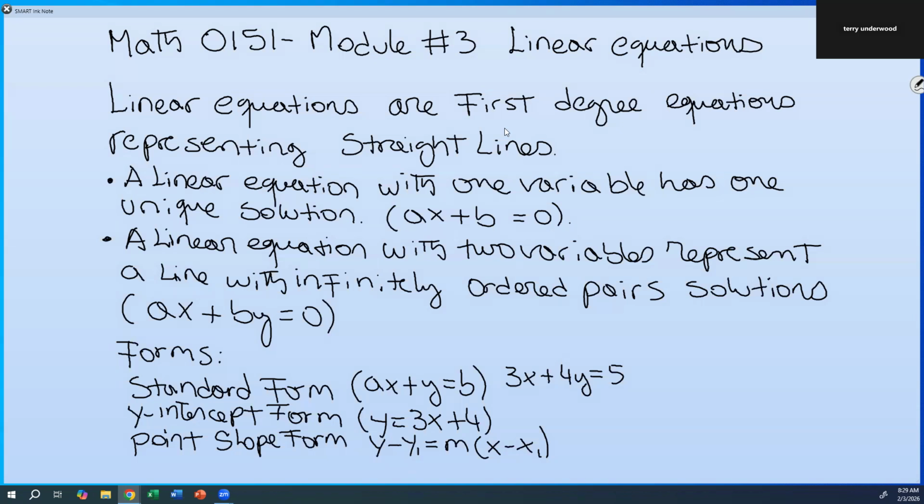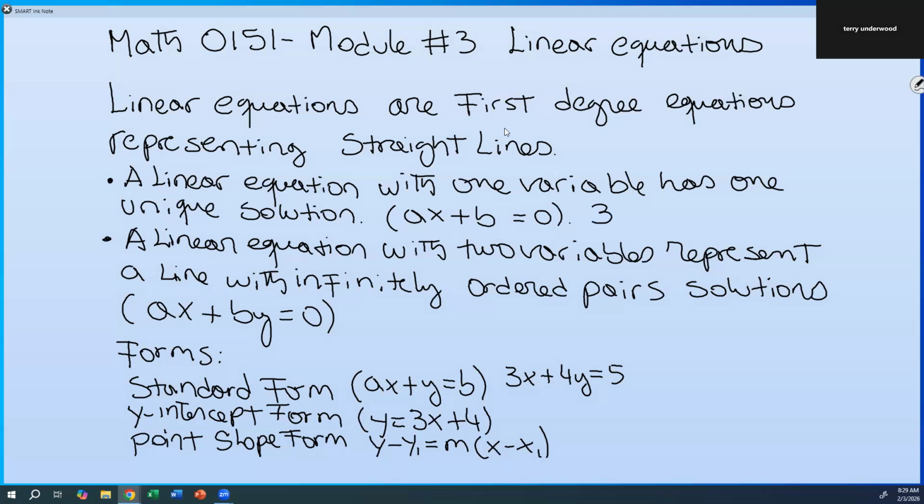A linear equation with one variable has a unique solution. In this case, I give you an example: ax plus b equals 0. And a can be any real number, for example 3.